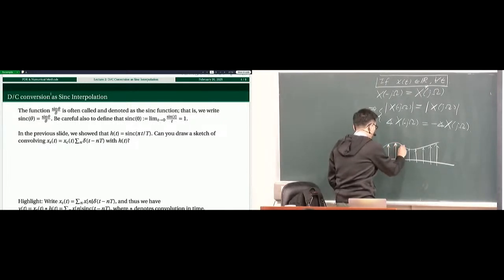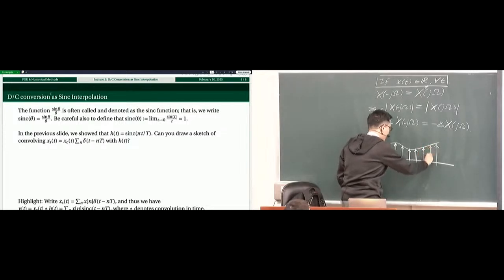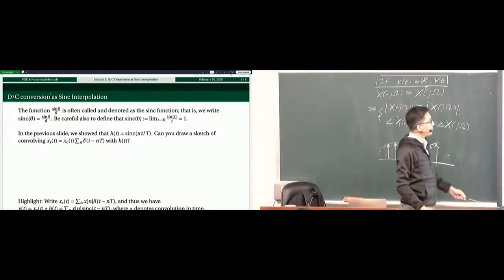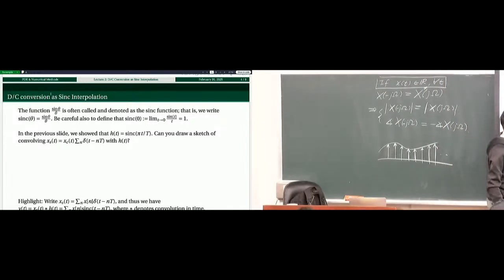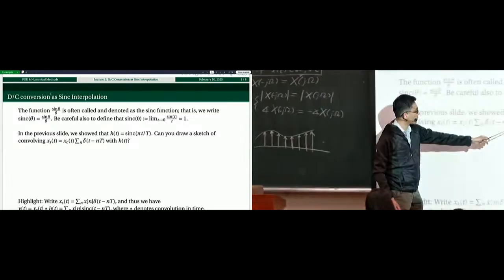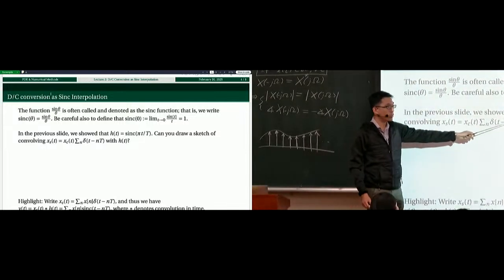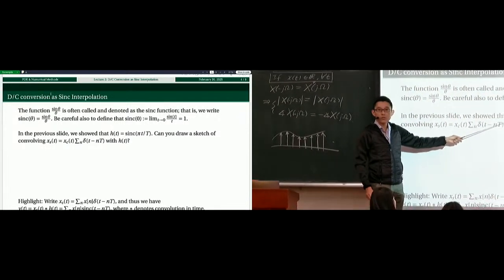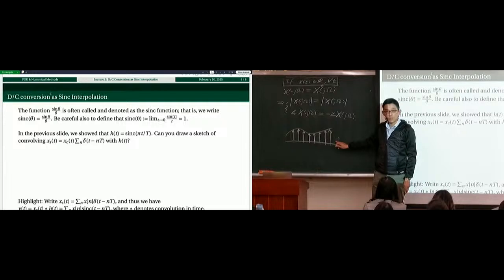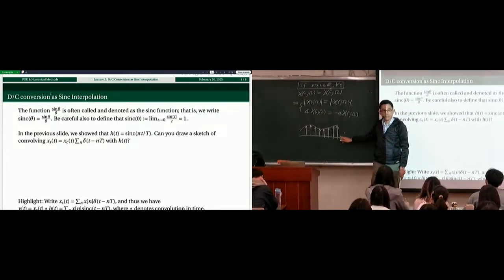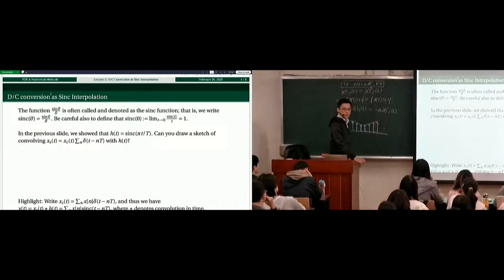We are going to basically convolve this series of spikes with this function over here. That's the impulse response. That's the function we need to use to convolve with our sampled signal. So we work it out next time when we meet.